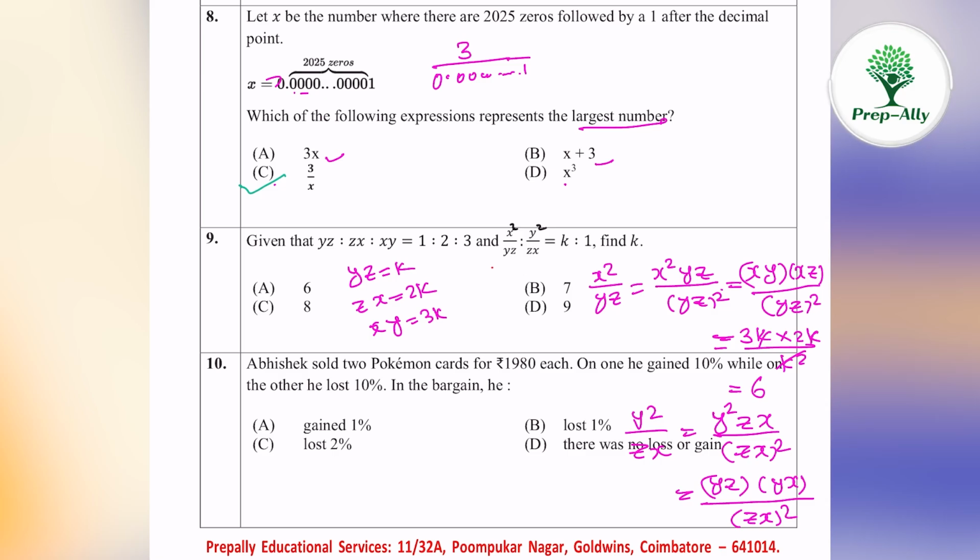Now we have to find this ratio, 6 ratio 3 by 4. If I multiply by 4, we get 24 ratio 3, again I divide by 3 because k ratio 1 is given. So 8 ratio 1, which is equal to k ratio 1, it means k is equal to 8. It means option C is the correct one.